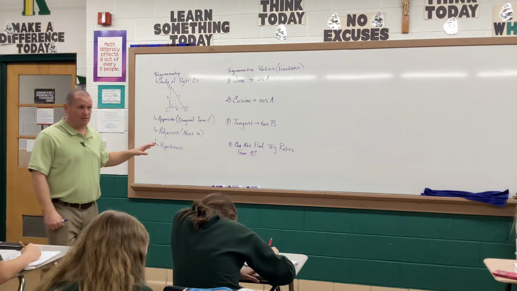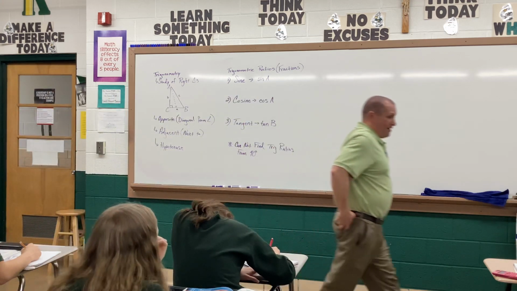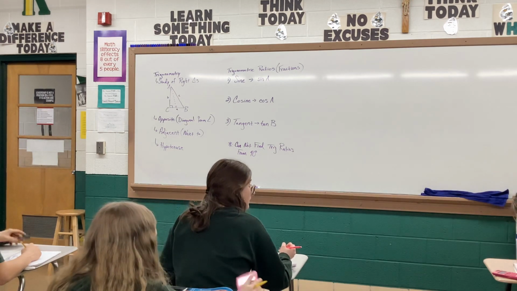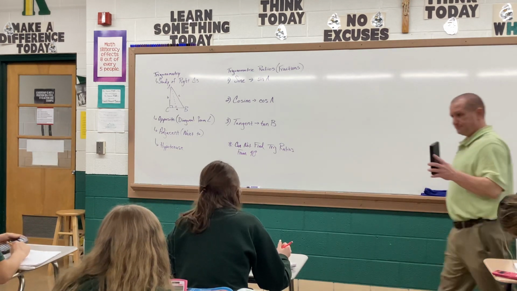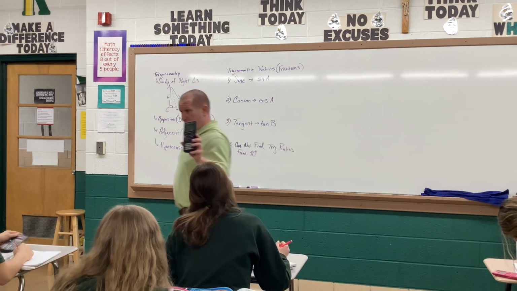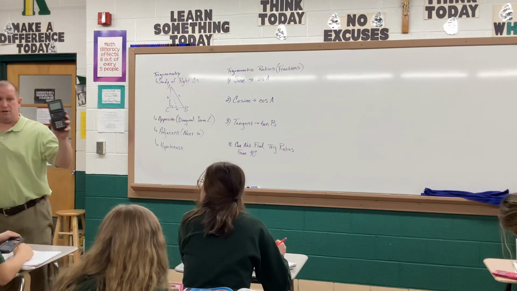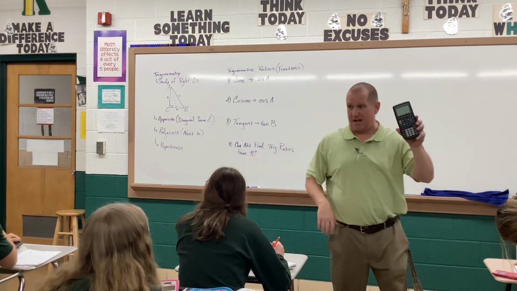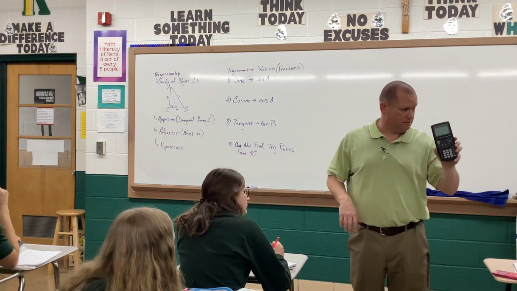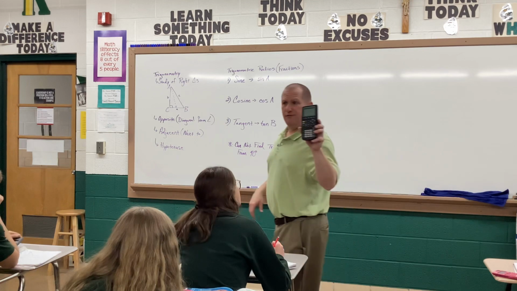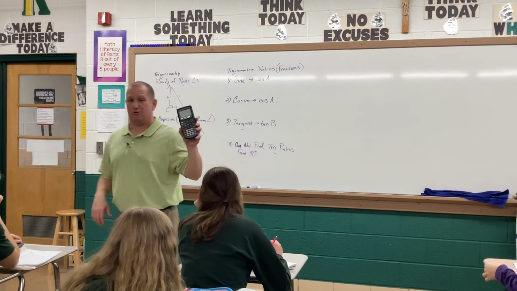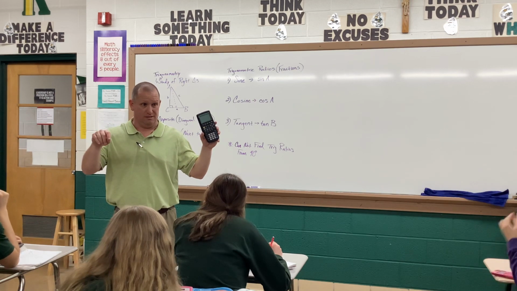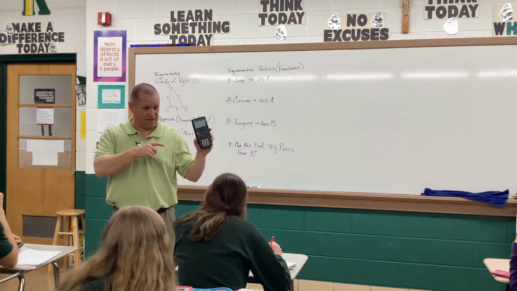Sine, cosine, and tangent. So everybody, right now find your sine, cosine, and tangent buttons on your calculator. That should be right in the middle. Even on most of your smartphones now, if you turn it to the side, you can still find these things. So you can use your phone. The most important thing is how you use the buttons on your phone or on your calculator.